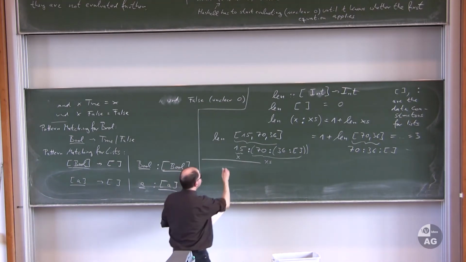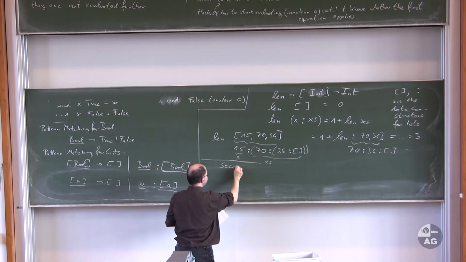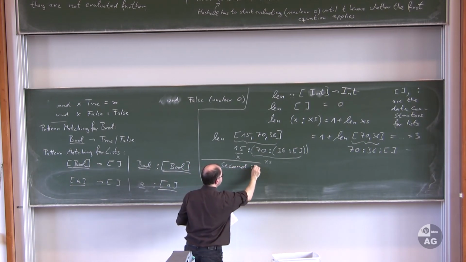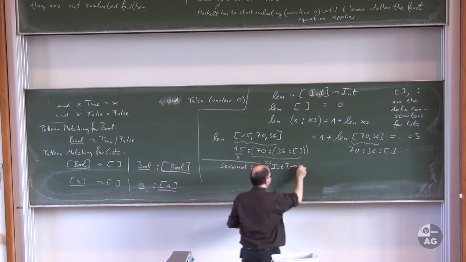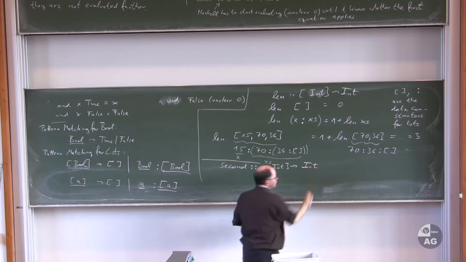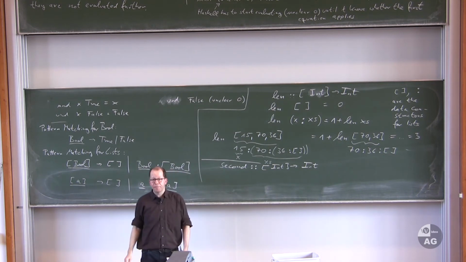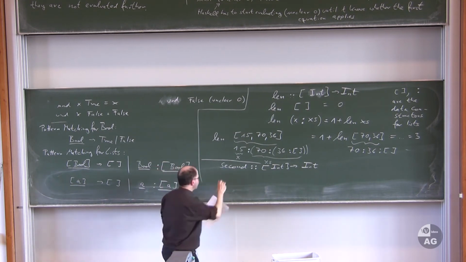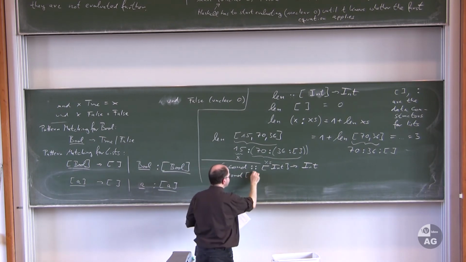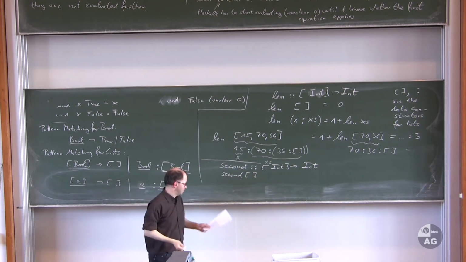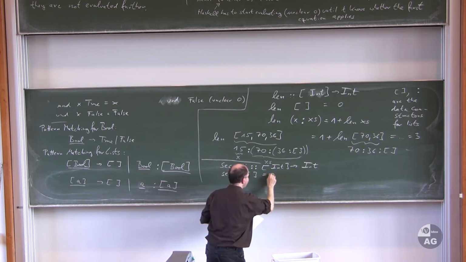So how would we do this? So second should be an algorithm that takes a list, for example, a list of integers, and it returns an integer, and this should be the second element of this list. So this could look like this. Well, second of the empty list, this has no second element, so let's return 0.